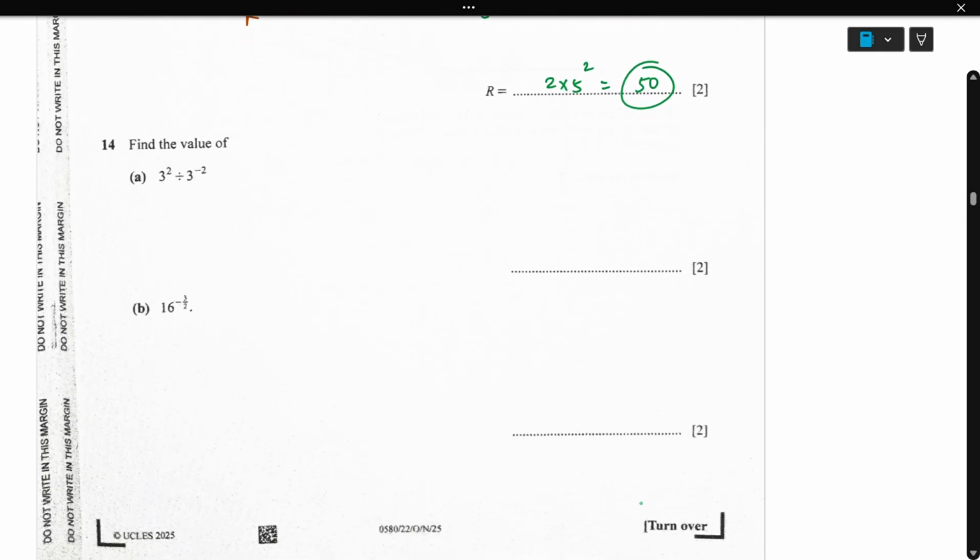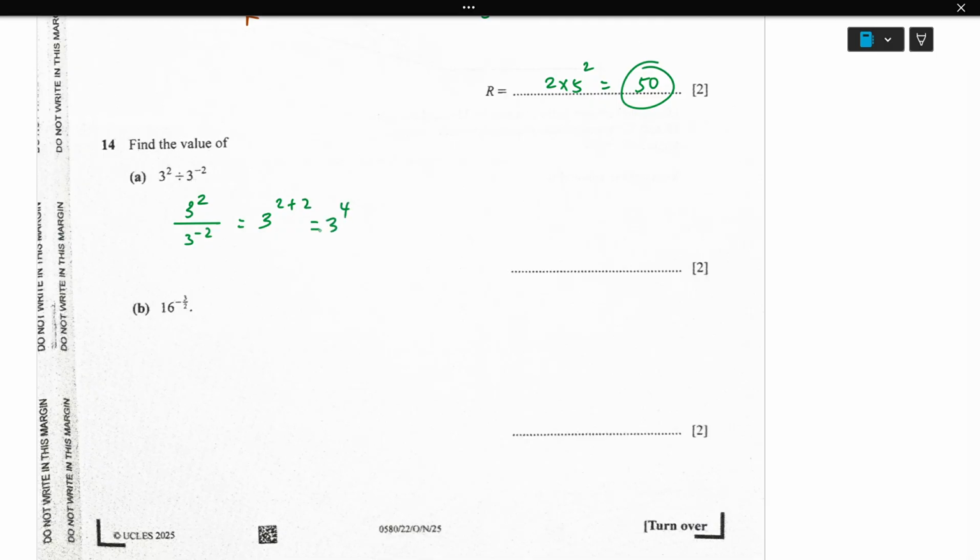Next, find the value of 3 square divided by 3 power negative 2. So 3 square divided by 3 power negative 2 is going to be 3 power 2 plus 2, which is 3 power 4.